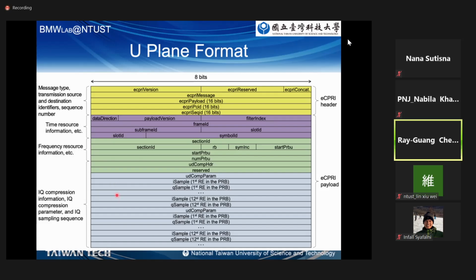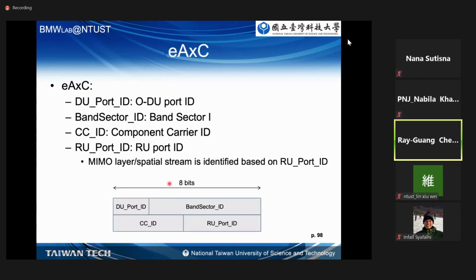But how do you carry the information, characterize the information for the RU? Because the RE is determined in terms of time and the frequency. So you need to use the time and the frequency information to determine the location, the position of the RE.